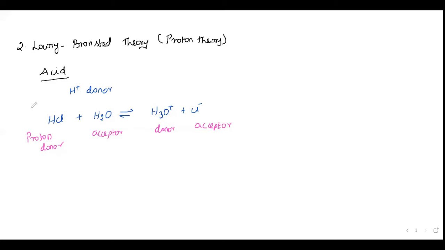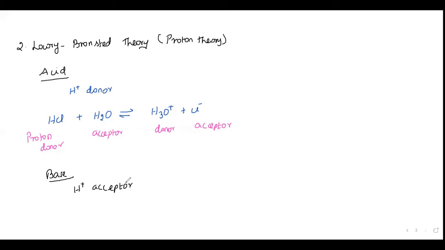So the Lowry-Bronsted concept says acid is the H plus donor, and base is just the opposite of acid: the H plus acceptor. So H plus acceptor is known as base.